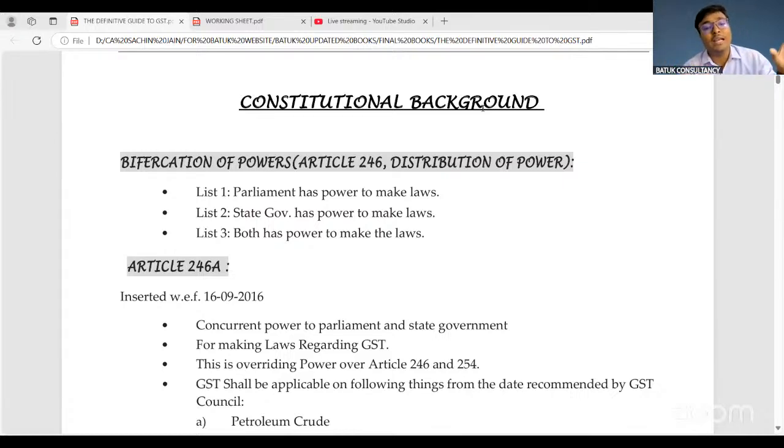We have also covered the composition scheme and the normal scheme, the forward charge and reverse charge mechanism, and certain basics related to supply. All these things are basics and the base of our GST comprehensive course.